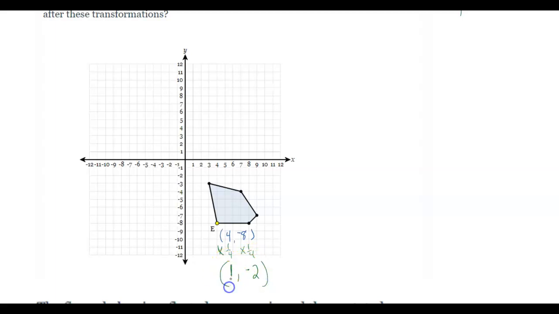Gives me my first transformation goes to 1, -2. So over to 1, down to -2. This is the first image of point E.